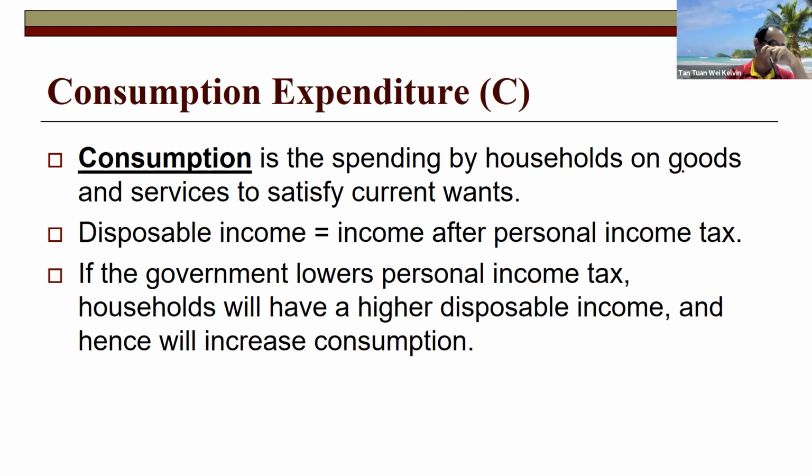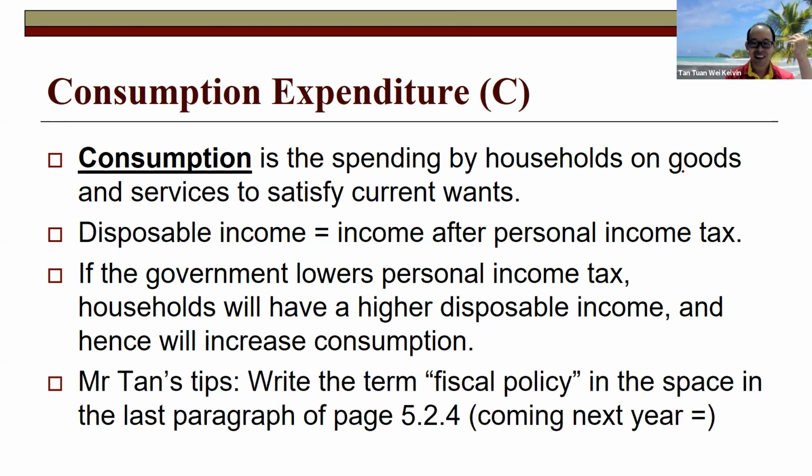We'll teach you this under the term called fiscal policy. You'll be very familiar with this term by the time you are in your second year. This is how the government might use disposable income in order to increase consumption and hence shift the aggregate demand to the right. Just remember, disposable income is the income after personal income tax. Can I encourage you now to write the term fiscal policy in the space at the bottom part of your 5.2.4?